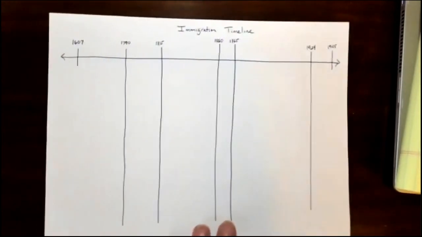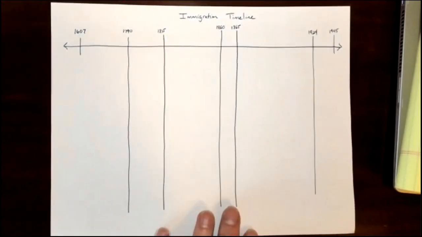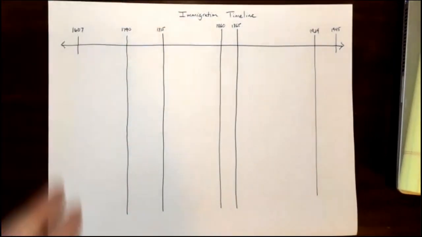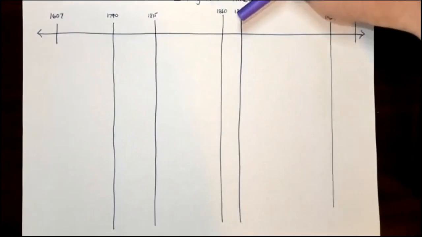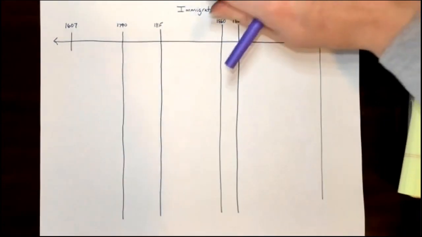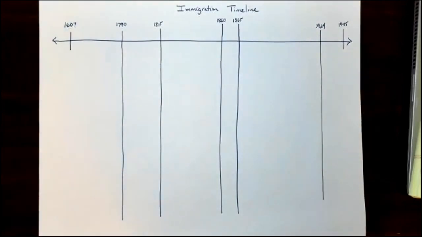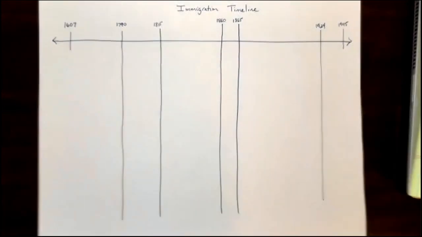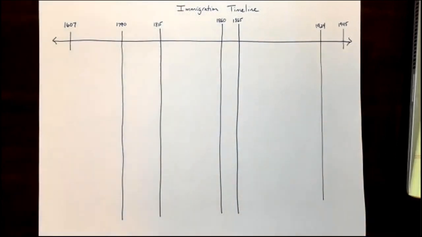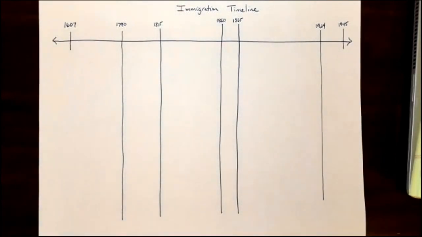There is a very good chance that you could get an immigration question on the day of the AP exam. It's one of the major areas of content that you are responsible for, and because immigration has been something that's happened throughout most of American history, it easily falls into periods 3 through 7.